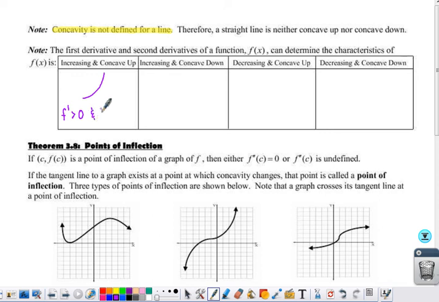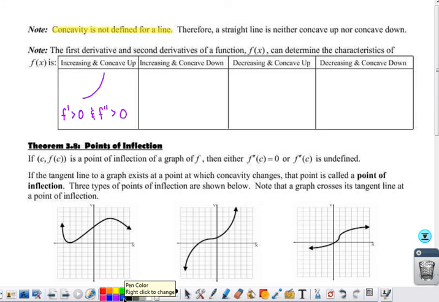And since it's concave up, the second derivative will also be positive. So looking at the slopes of the tangent lines, which is f prime, you can tell that they're all positive. And then by the test, the theorem for concavity, the second derivative is positive.